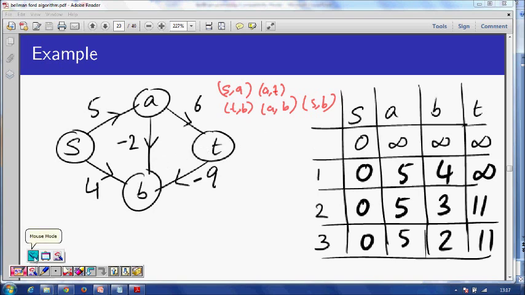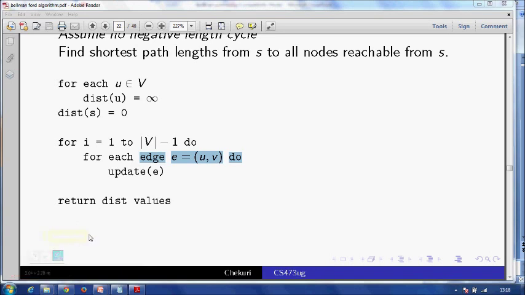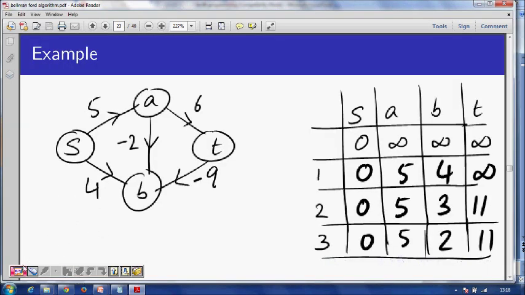There are 5 edges, and I will take them in this order. What was the algorithm? We iterate |V| minus 1 times, and for each edge uv we update. That's the simple algorithm.